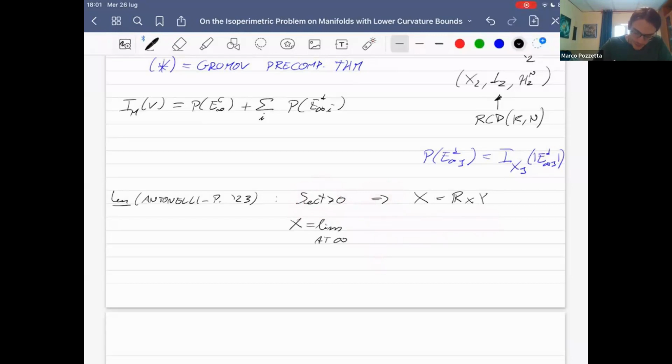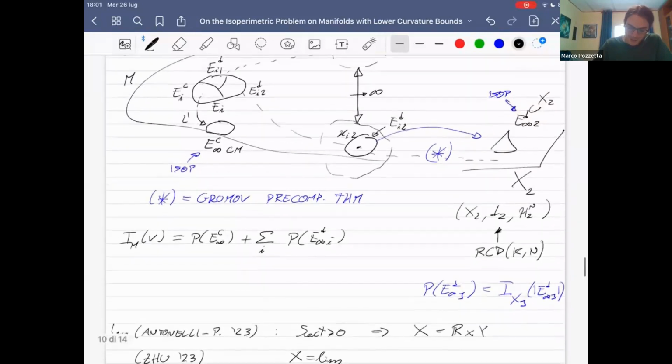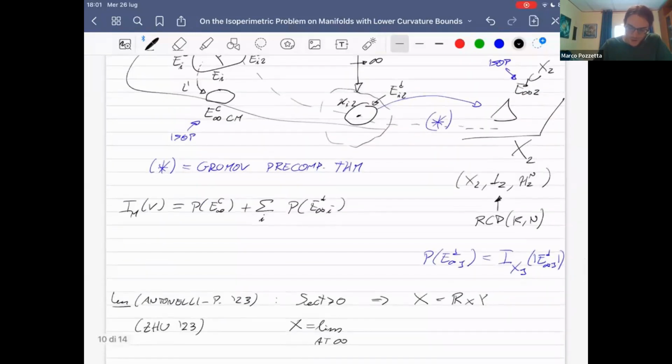There is also an alternative proof by Zhu, quite similar, but which appeared later this year, and still in the non-negative sectional curvature case. But under a lower bound on the Ricci curvature and without assumptions at infinity on M, I believe that the geometry of these spaces can be unpredictable.